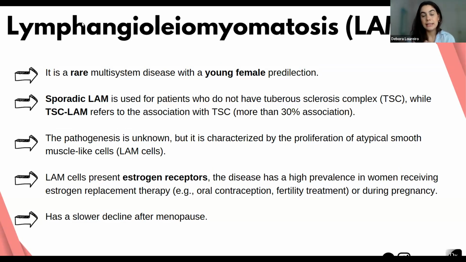And it is like 30% of this disease is associated with LAM, which was something that I learned, and it could be sporadic too. The pathogenesis is unknown, but there's a proliferation of muscle-like cells, and they proliferate a lot. And these cells have estrogen receptors.